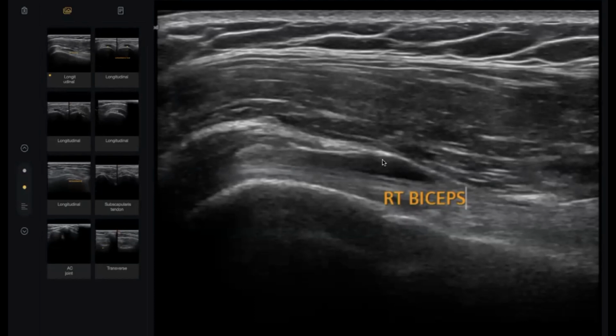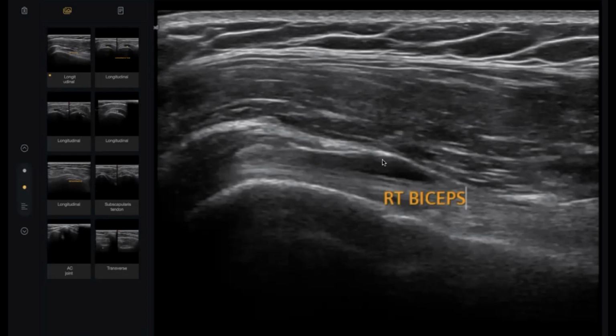Because in the first few days, the marked edema in the joint and muscle obscures things, and you may make a very aggressive diagnosis, and after 3 days everything disappears.